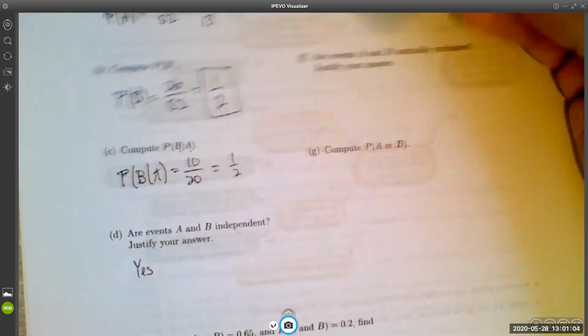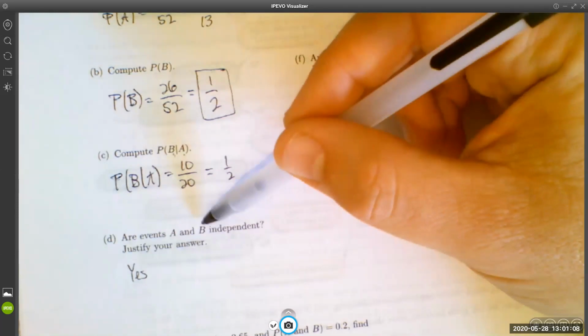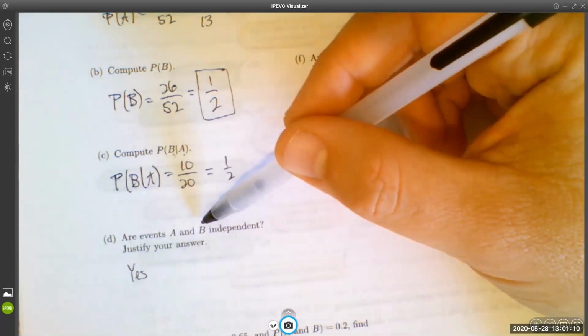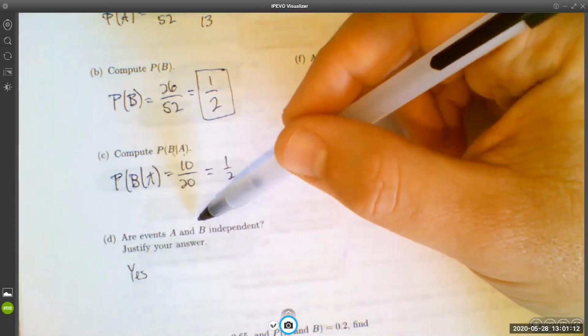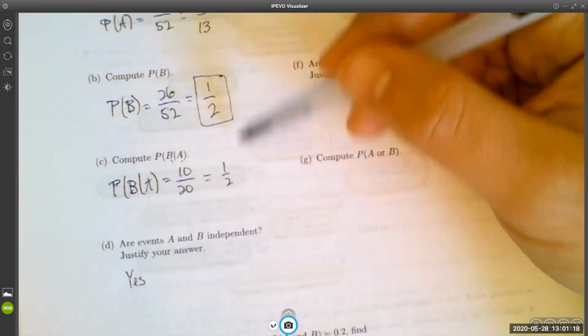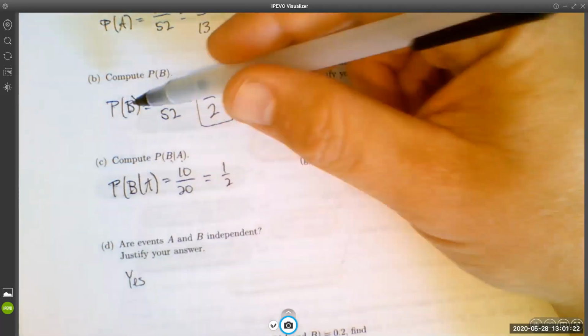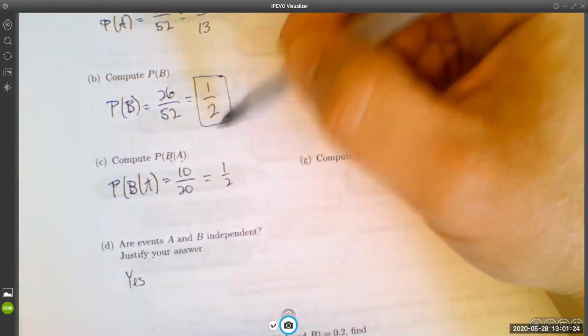The reason the answer is yes is because if A and B are independent, that means that they have no effect on each other. And you can see that A and B don't have an effect on each other by comparing your answers to parts B and C. The probability that you choose a black card is 1/2.